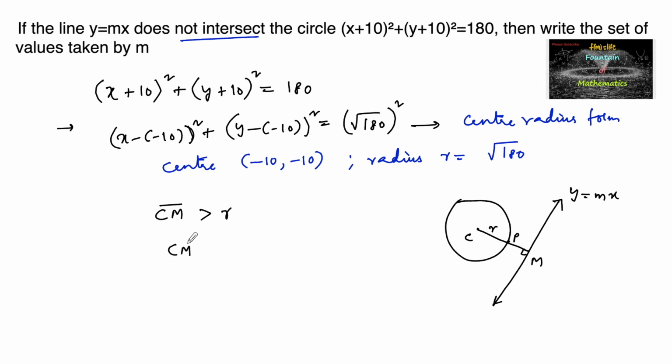On squaring both sides, we can say CM square is greater than r square.